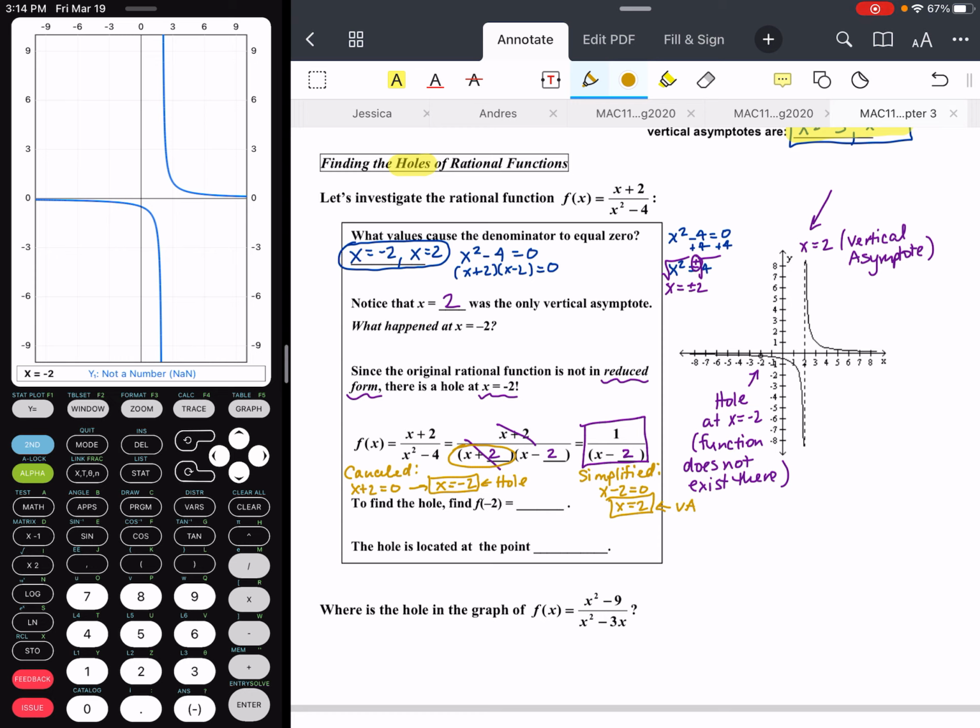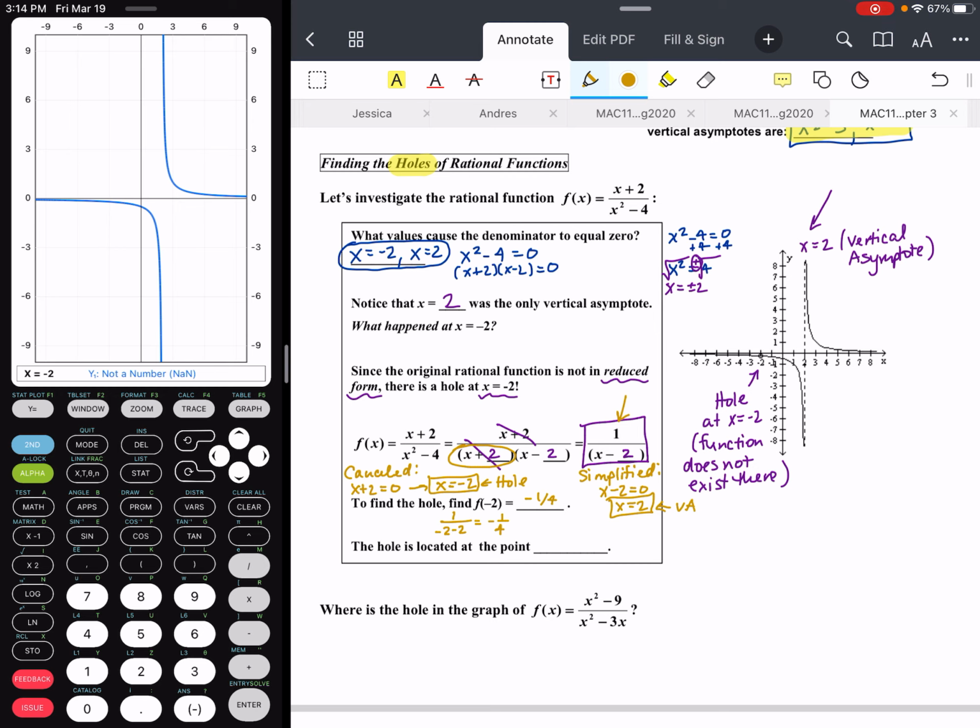So to find the hole, to see where it would be located, you find f of -2 using the simplified version, 1 over -2 minus 2. If the function existed at f of -2, we would get the y value of -1/4.